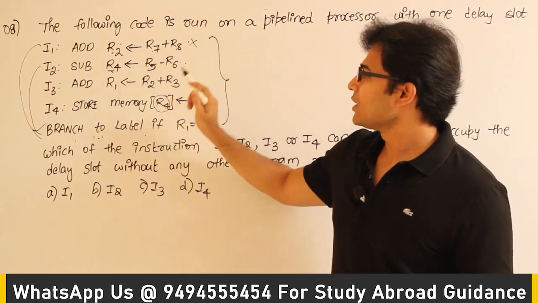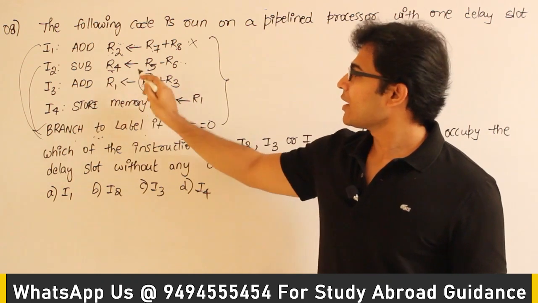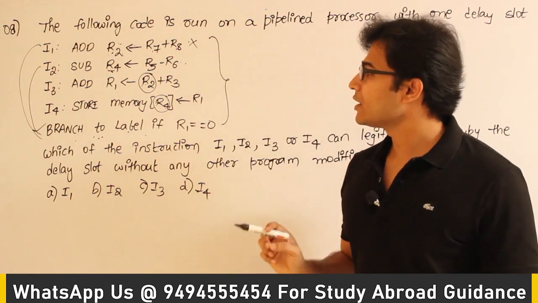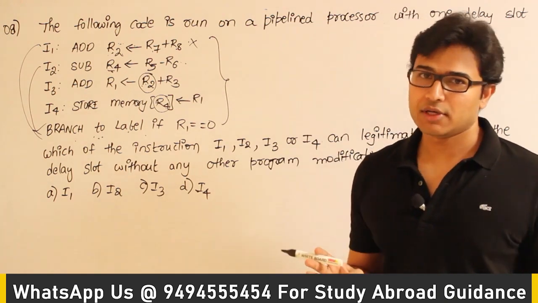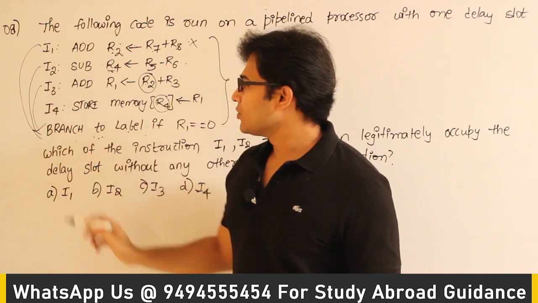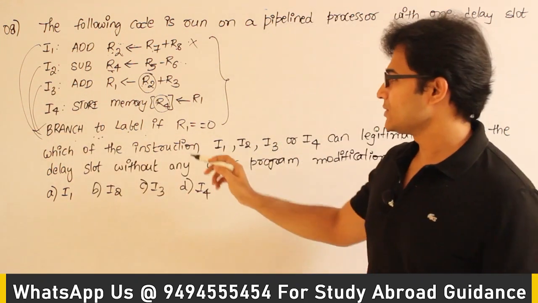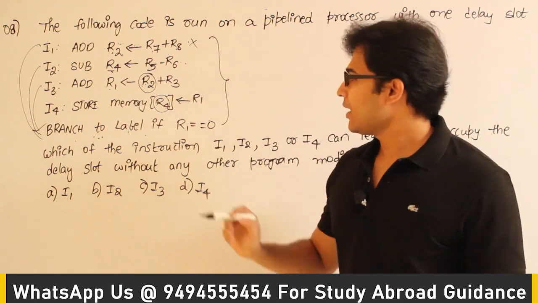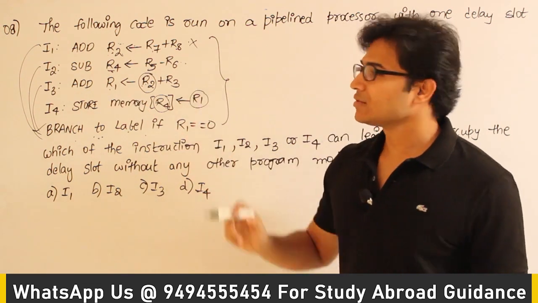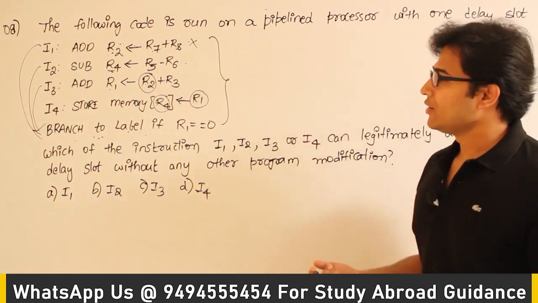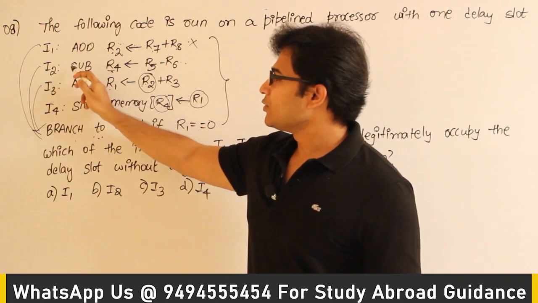So I1 and I2 should not be moved. And similarly I3, you cannot move it. The reason is the R1 value is computed in I3 and the R1 value is needed here, so there is a dependency. So you cannot move I1, I2, I3.